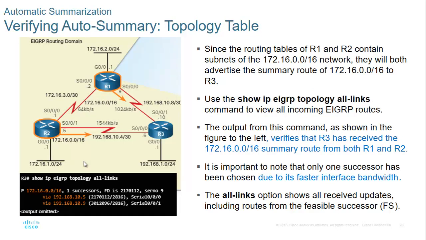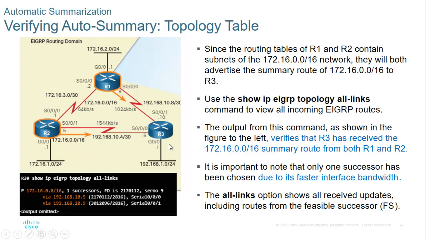Since the routing tables of R1 and R2 contain subnets of the 172.16.0.0 network, they will both advertise the summary route of 172.16.0.0/16 to R3. So both of them have the network, so they will summarize it and send it to R3.